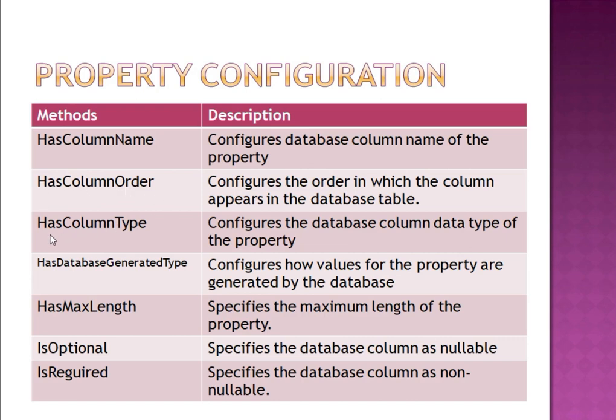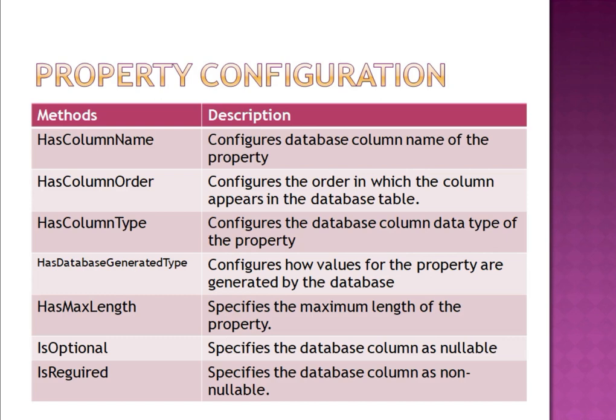And if you want to change the column type, in that case you can go for HasColumnType, because while studying the default code first convention, I told you how C# data types get mapped to SQL Server data types. But suppose you want to change the data type, in that case we have the option of the HasColumnType method.